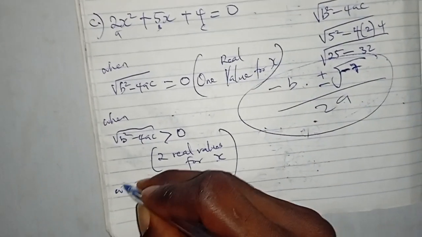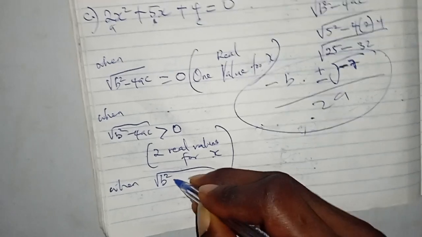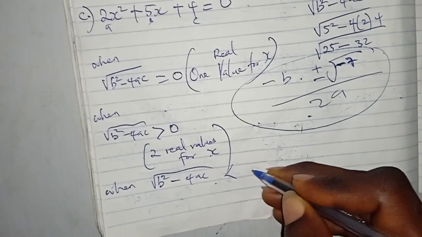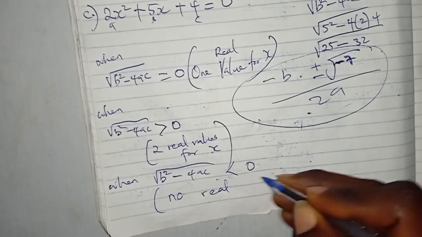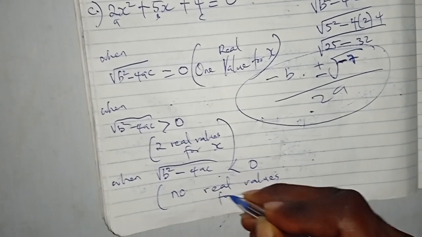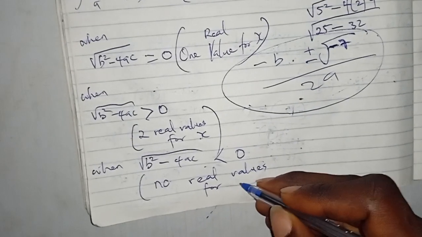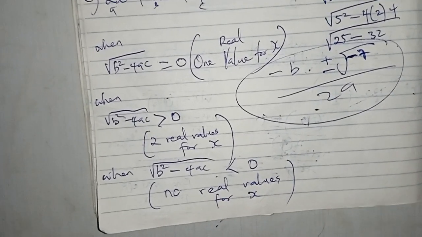Then when root b square minus 4ac is less than 0, you have no real values for x.